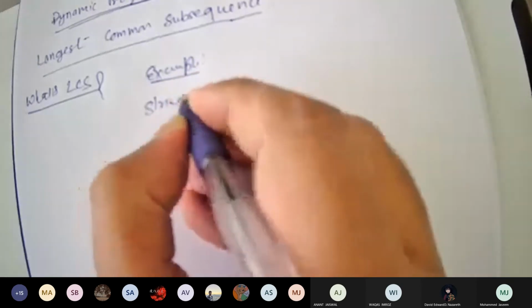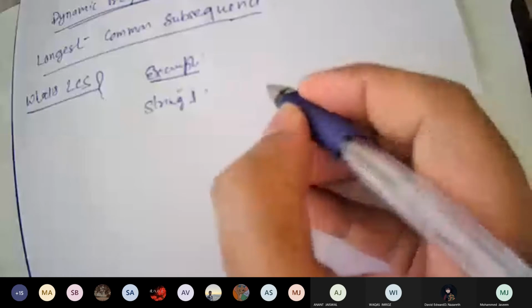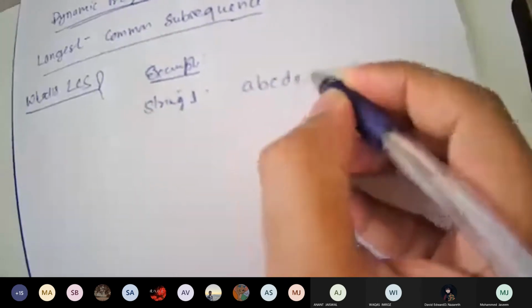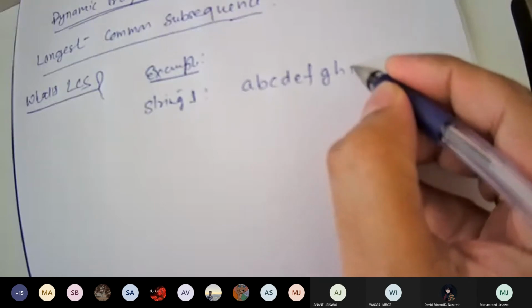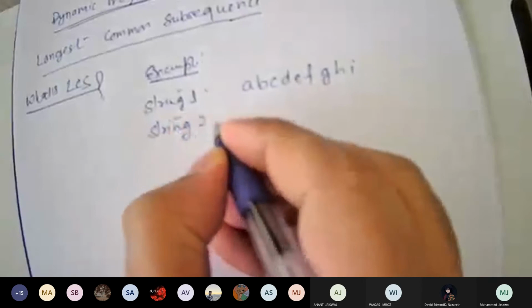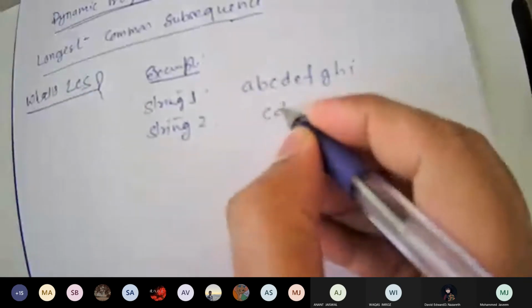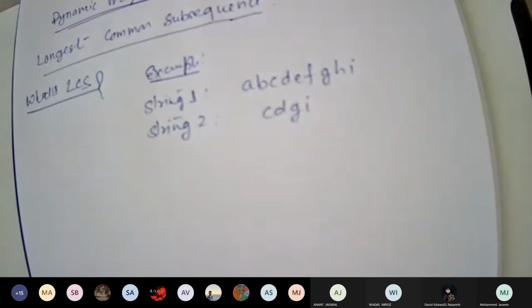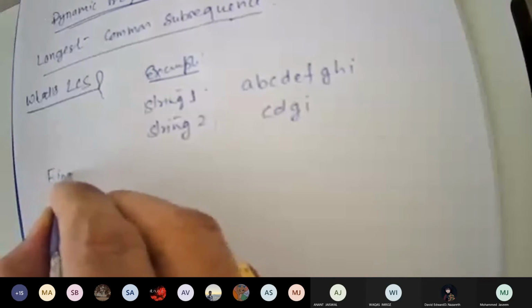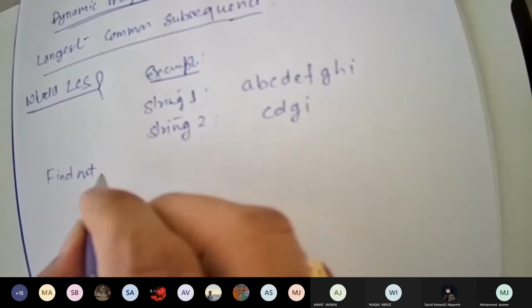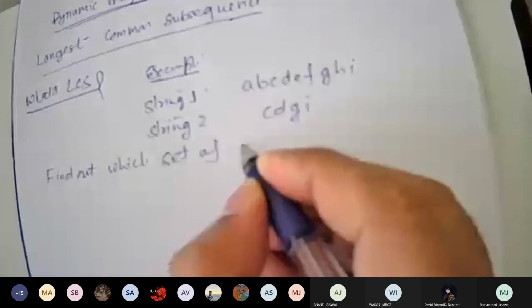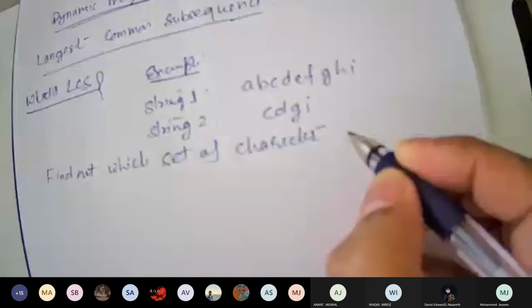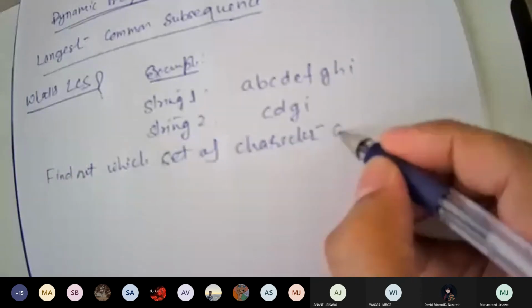Suppose that string 1 you are taking A, B, C, D, E, F, G, H, I, J, and string 2 you are taking C, D, G, I. So you will have two strings and you will have to find out which set of characters are coming in sequence.